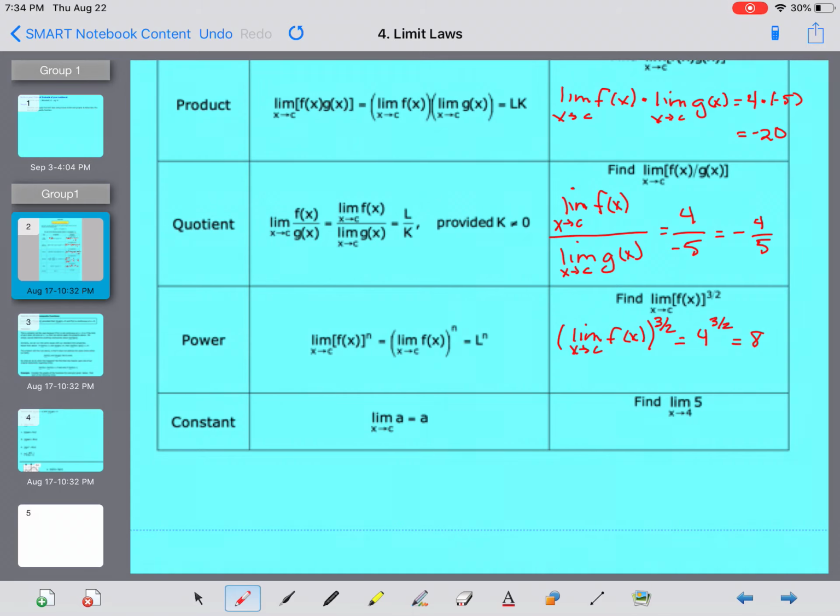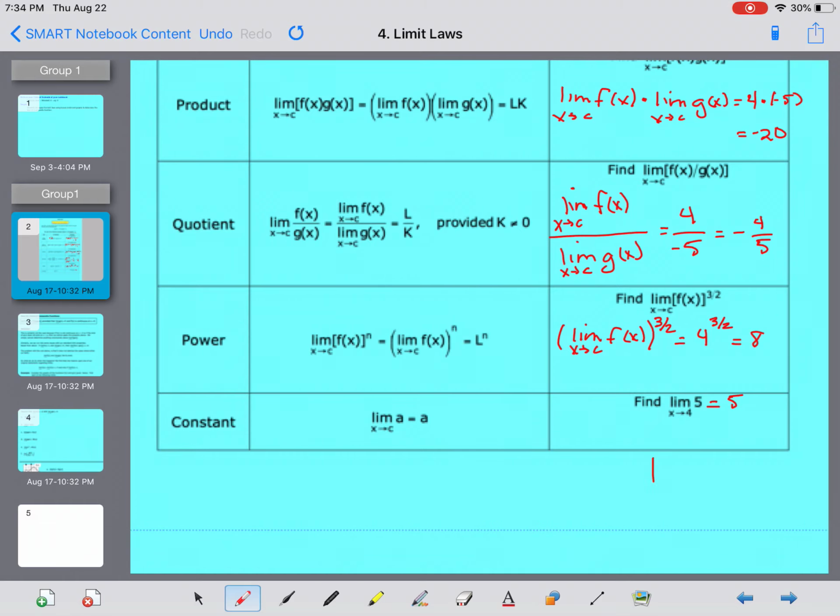Okay, the last rule on here is the constant rule. And what this says is if we're taking the limit of a constant value, like 4, 5, 7, we're going to get that constant back. Okay, so the limit of a constant is the constant itself. So if we're taking the limit as x approaches 4 or 5, that means we're going to get 5 because it's a constant.